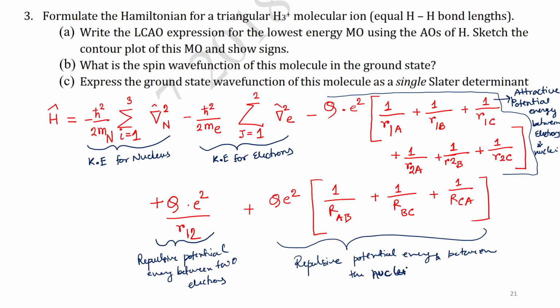Now they want us to write the linear combination of atomic orbitals expression for the lowest energy MO using the atomic orbitals of hydrogen, and sketch the contour of this MO and show signs.